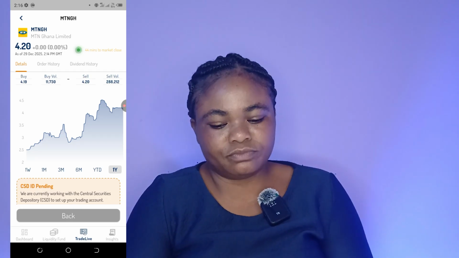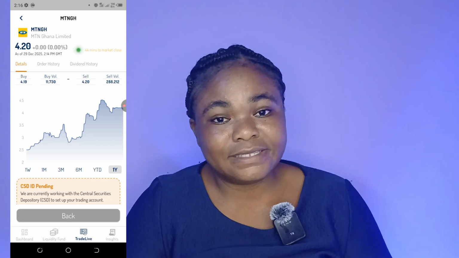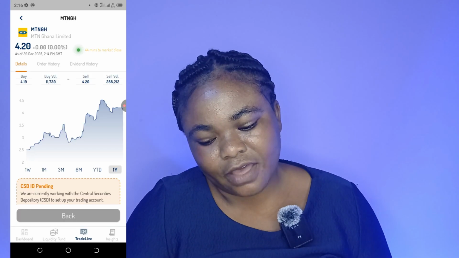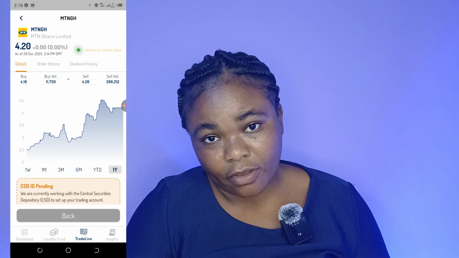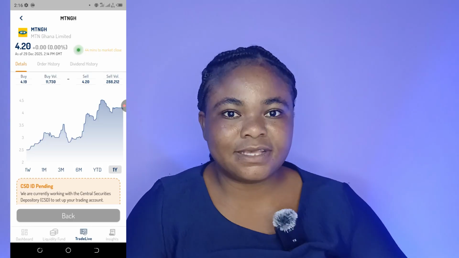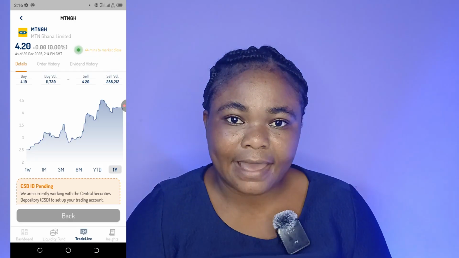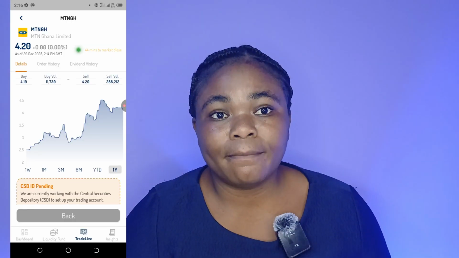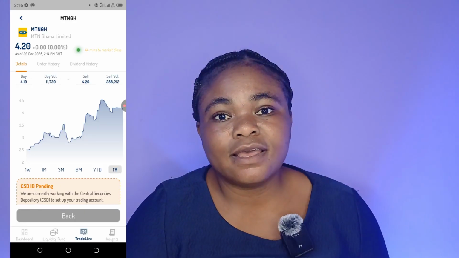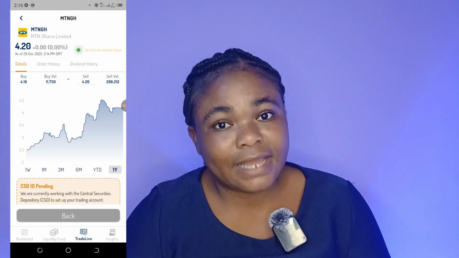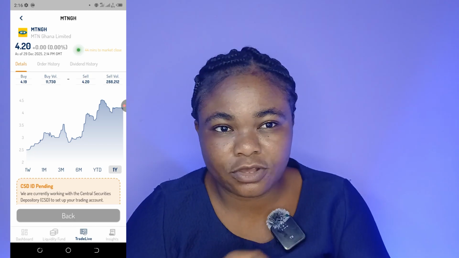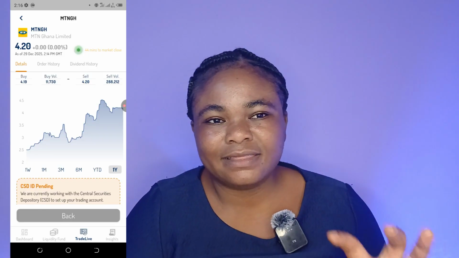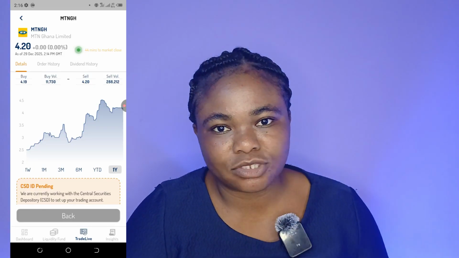Let me take you to the details. When you look at details, you will see buy 4 cedis 19 pesos, sell 4 cedis 20 pesos. The buy price means that's the price those who want to buy the stock are offering. They said they will buy it at 4 cedis 19 pesos. But those who have the stock and want to sell it at 4 cedis 20 pesos don't accept the price the buyers have offered.